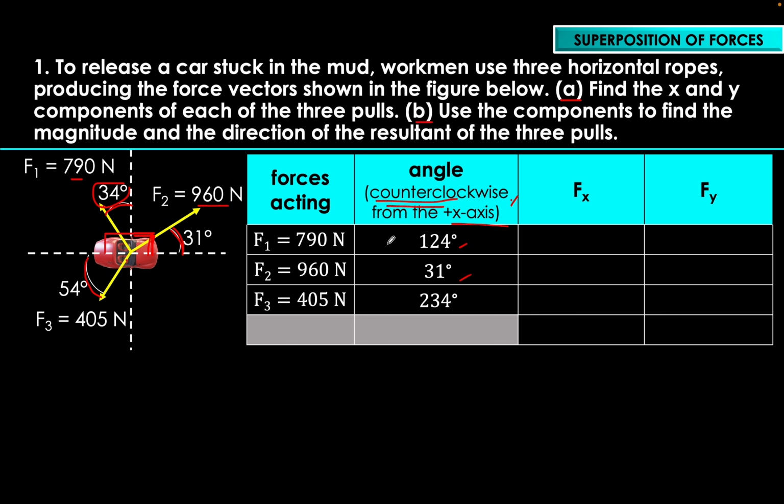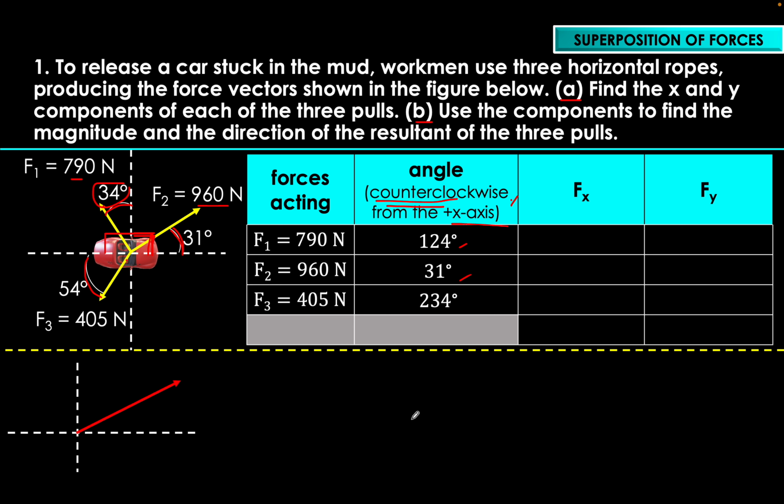Now that we've listed all the forces acting, and we have all the magnitudes and directions in place, I'm going to explain how to determine the x components of all these forces acting on the object. First, imagine this Cartesian plane. This vector arrow could represent the actual force vector acting on an object.